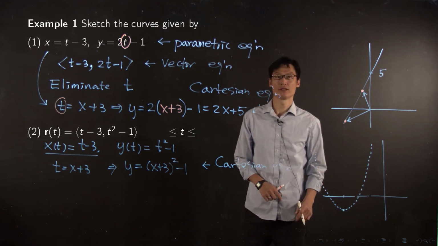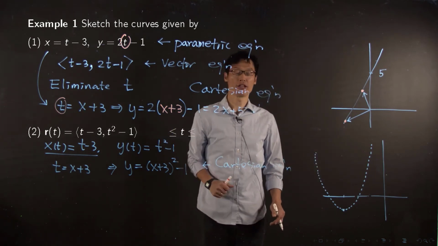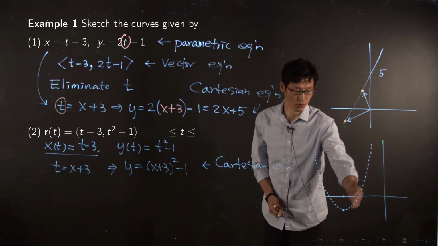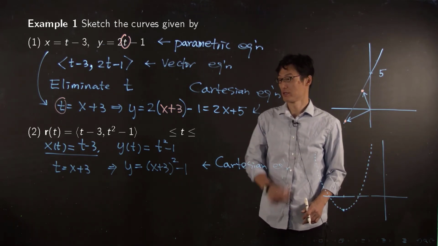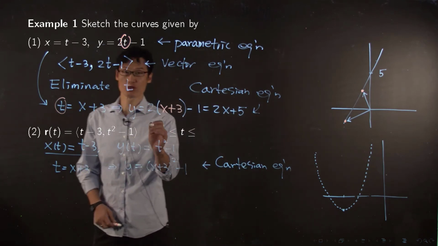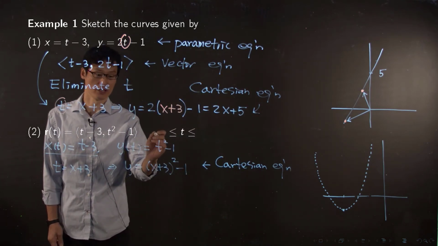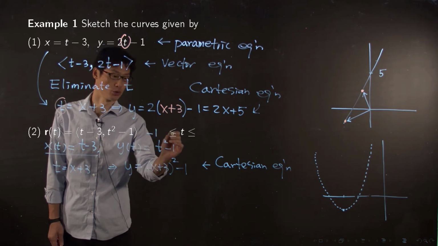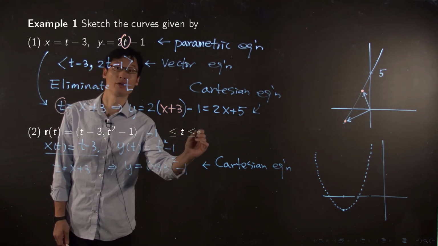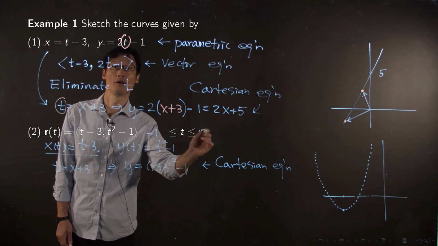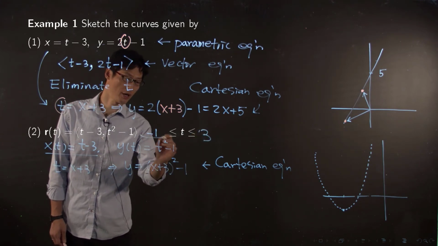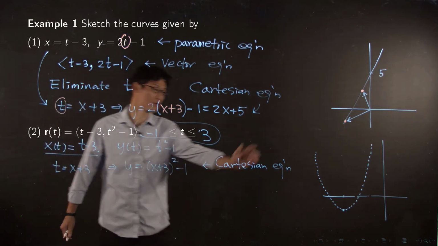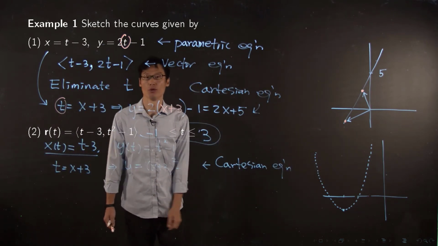If t is any number, we need to take the entire parabola, but some restriction is given. Say t is from negative 1 to 3. Suppose we have this restriction, then we need to take some portion of this parabola.